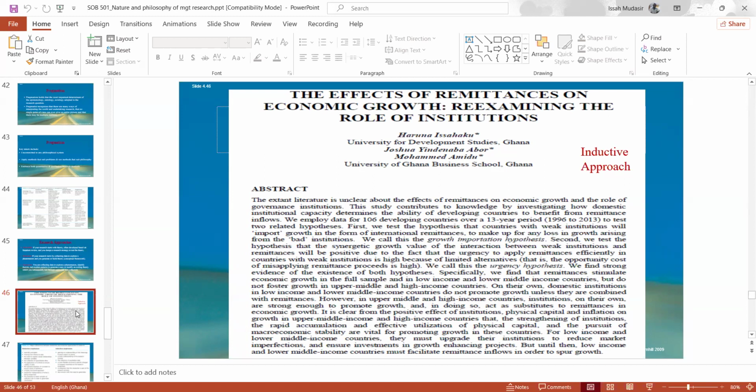When you use the term optimization, optimization is actually a positivist terminology.